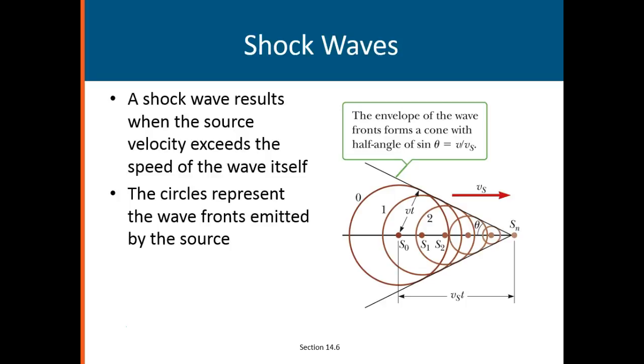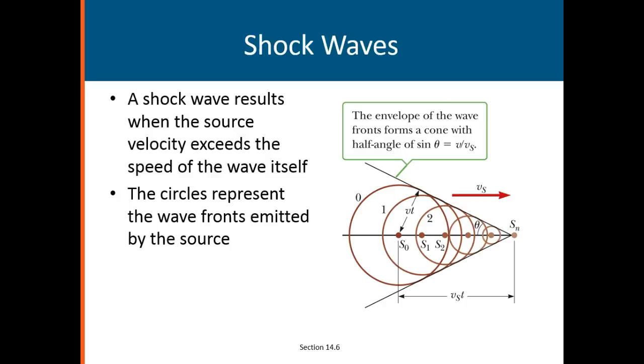This has to be perpendicular to it. This is your Vst. This is vt. So the ratio of vt to vst, that's this distance to that distance. That's a 90-degree angle. The ratio of this to that, the t is the same, so they fall out. So that's the ratio of v to vs.